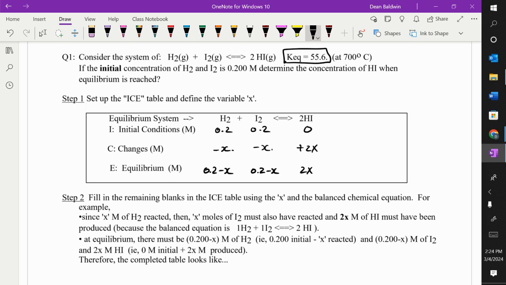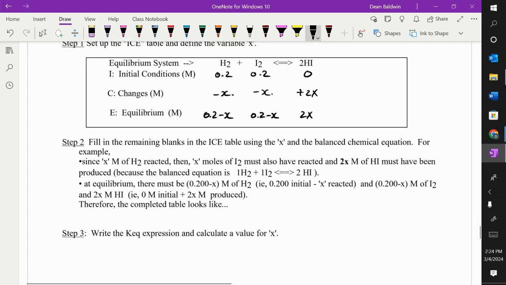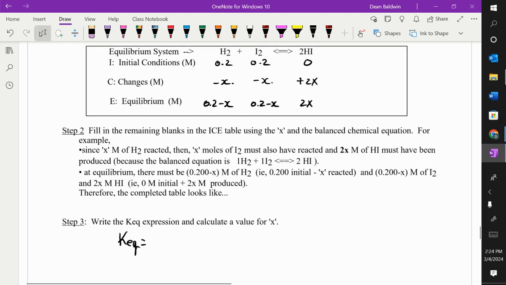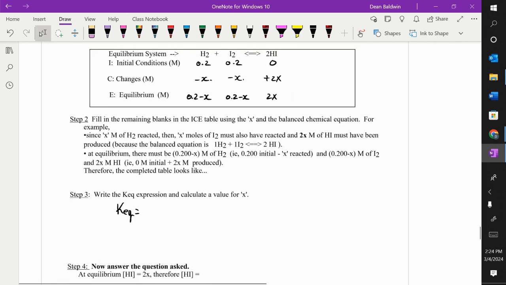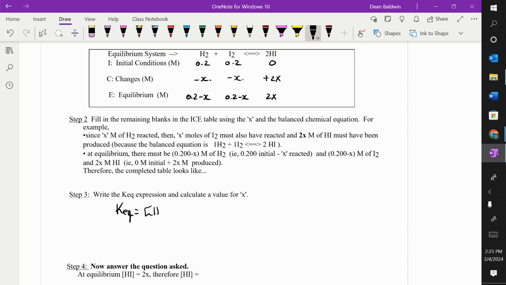Then we write the equilibrium expression, or the KEQ. What's the KEQ expression for this reaction? There you go. Concentration of HI squared over the concentration of I2 and H2.